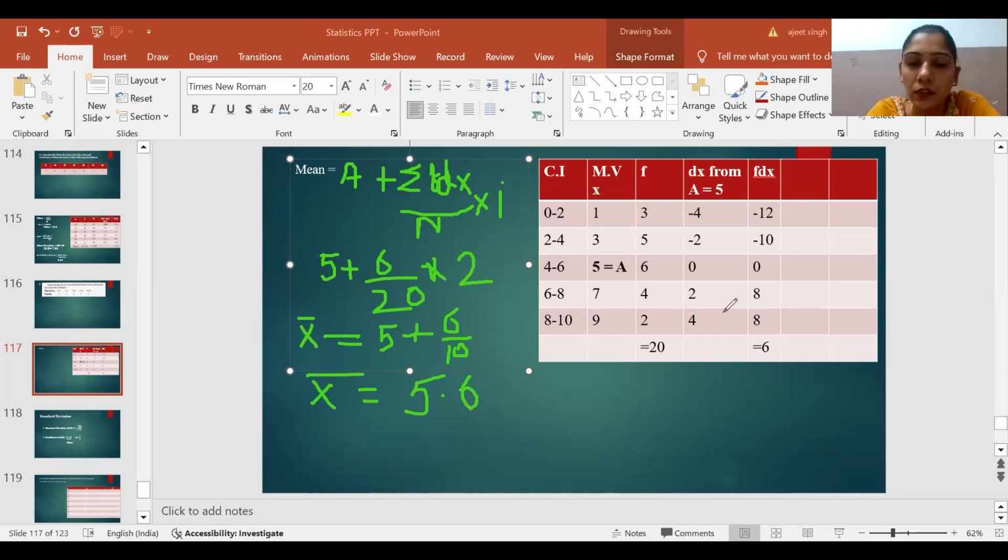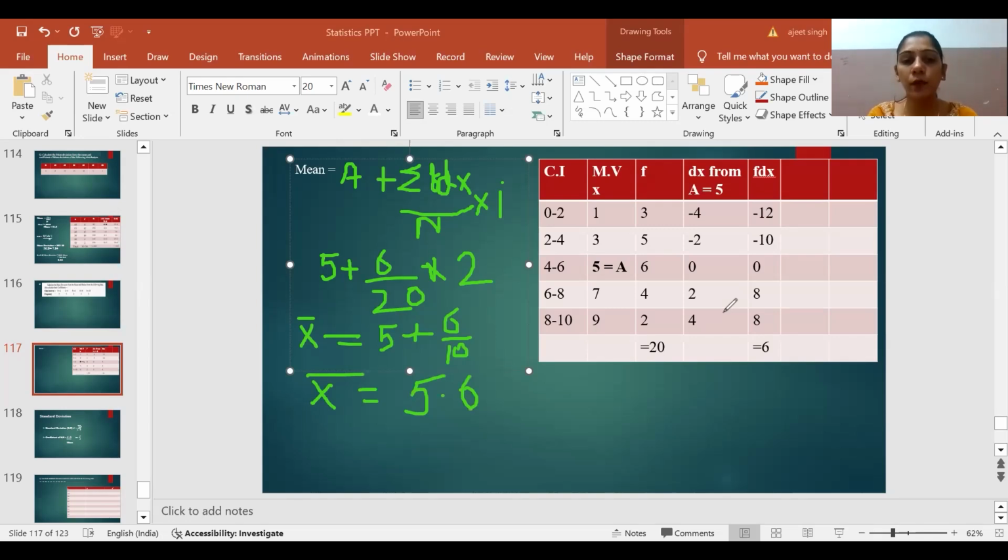This method of calculating mean we have already discussed, but for calculating mean deviation in continuous series, first of all we have to calculate the value of mean, then we calculate mean deviation. So it is very important to first calculate the mean, or the average.